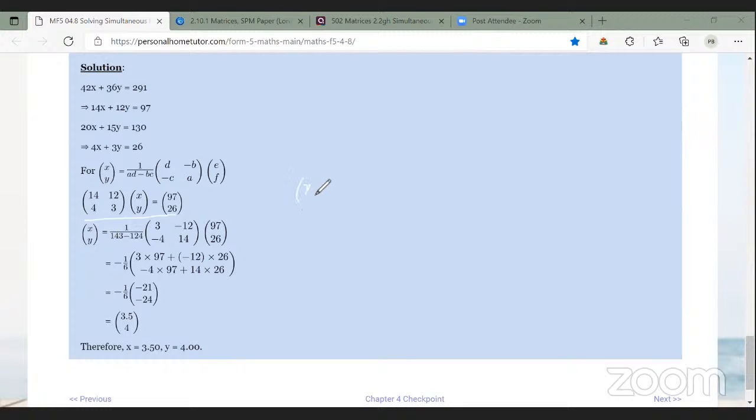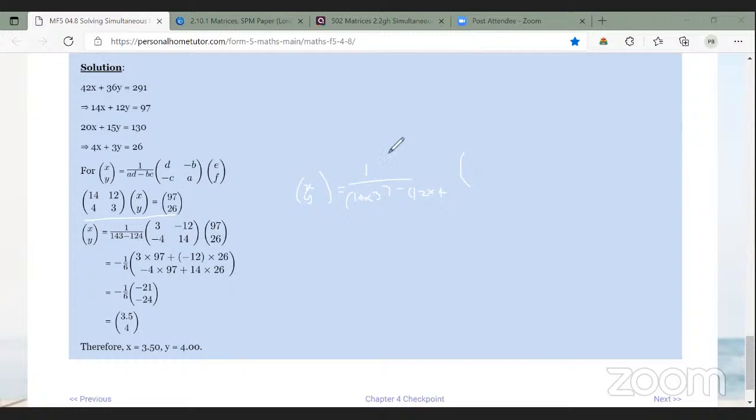So we just copy down the xy equals to 1 over AD. So our AD is 14 times 3. Minus our BC, which should be 12 times 4. And then you have to follow this D negative B negative C A formula.